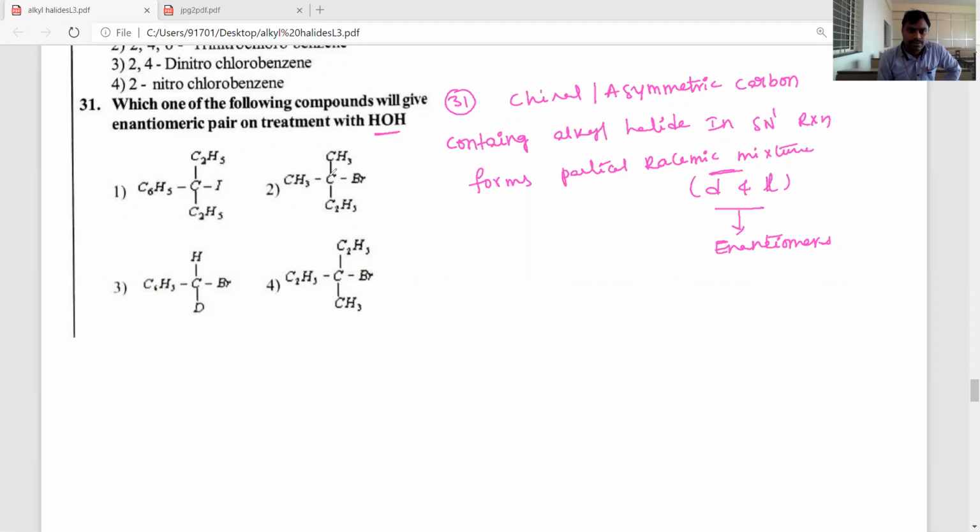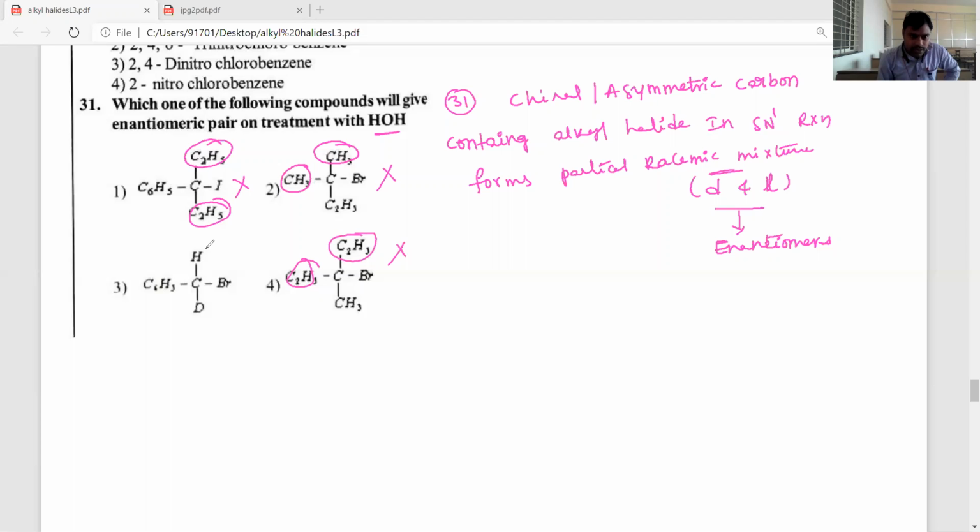See here, these two groups are the same, so it is not an optically active alkyl halide. Here ethyl and ethyl, two groups are the same, so it also does not exhibit optical isomerism.